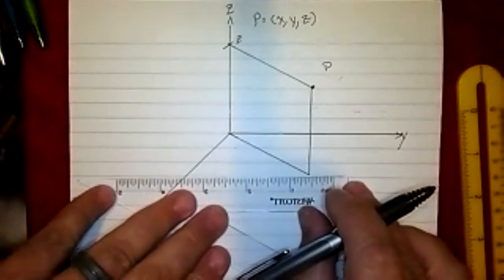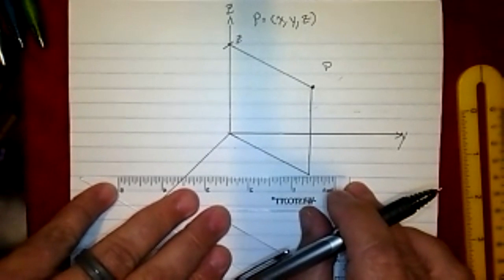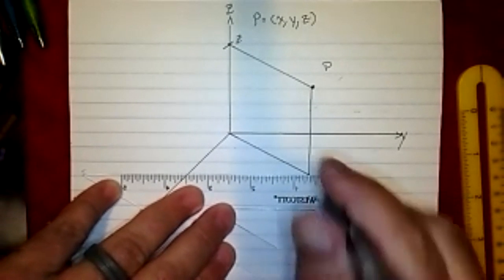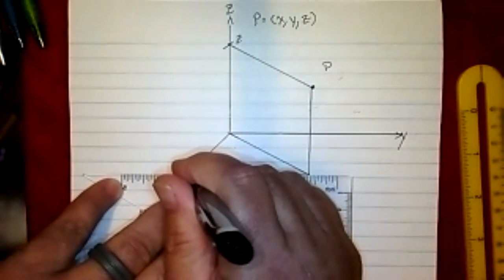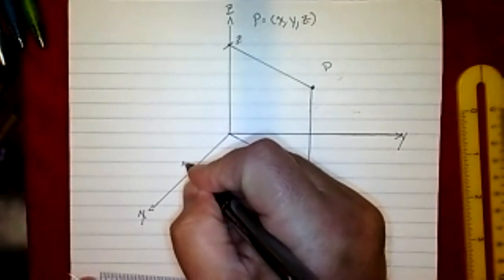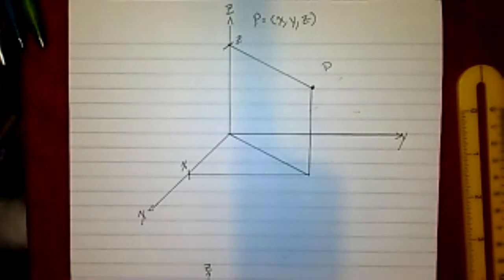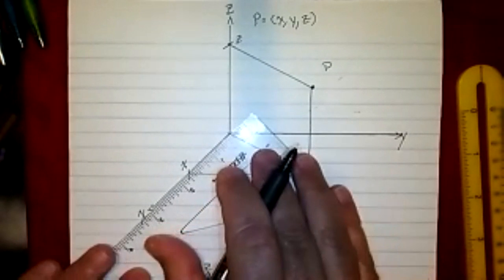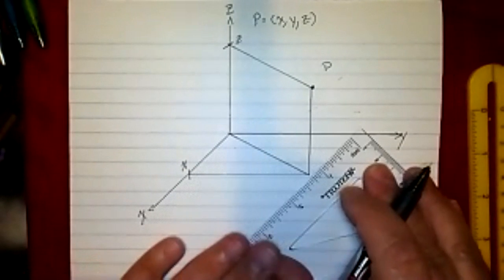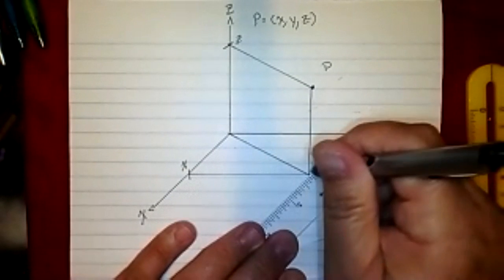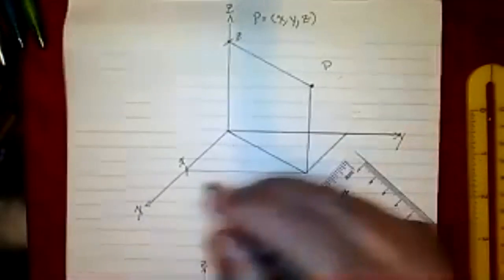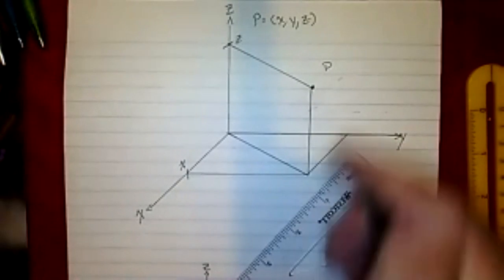Similarly, if I draw a line parallel to the Y axis, where it strikes the X axis will be the X coordinate. So I go from here over to here. There's the X ordinate, if you will. And similarly, if I draw a line parallel to the X axis until it hits the Y axis, then that will give me the Y, which used to be called, I think the X was the abscissa and the Y was the ordinate.